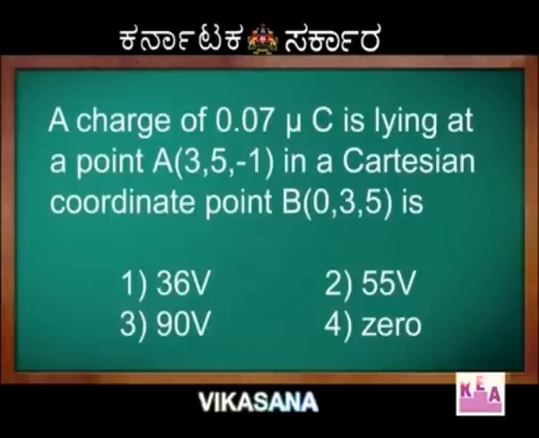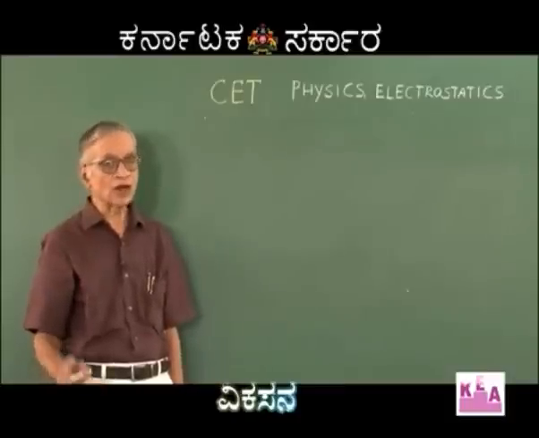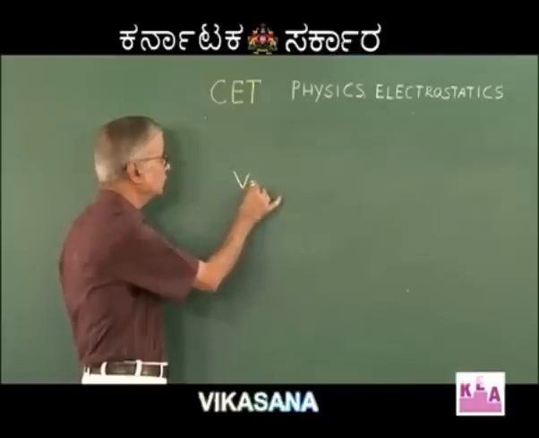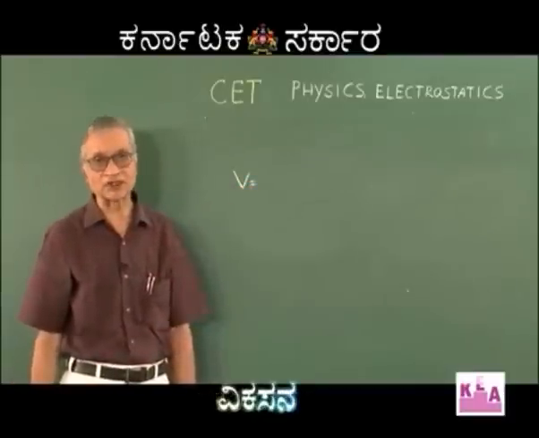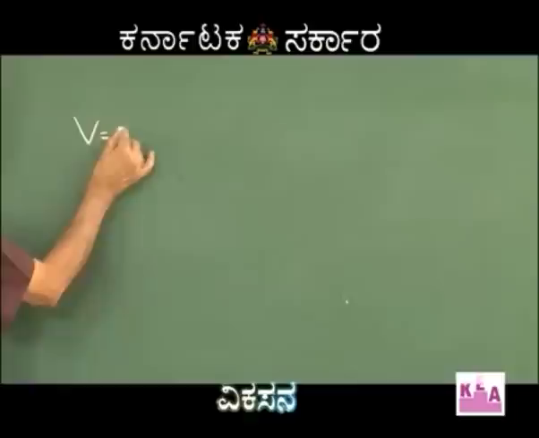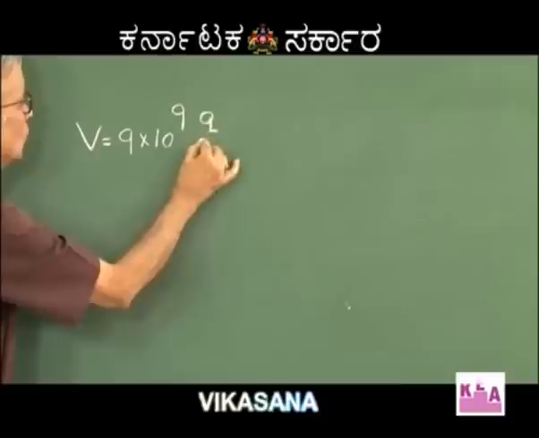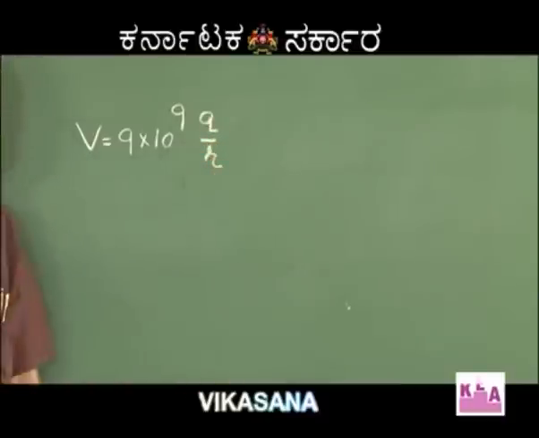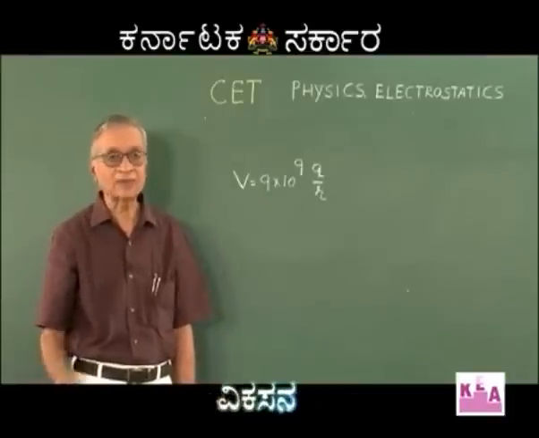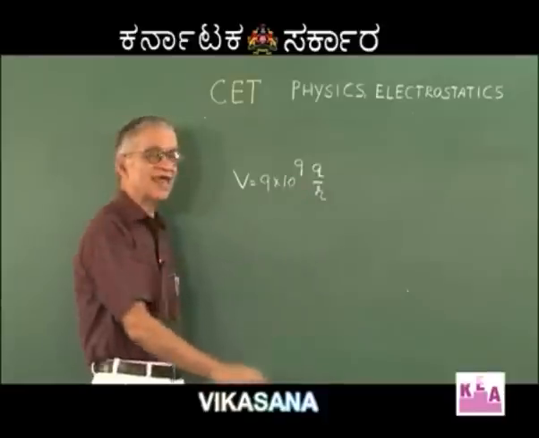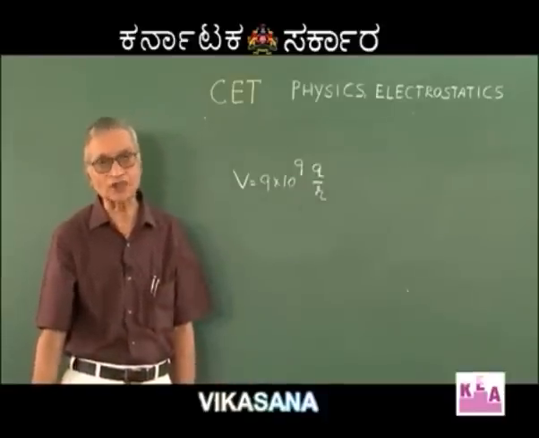The electric potential at a point B 0, 3, 5 is... Look here, you have already studied that the potential at a point due to an isolated point charge is given by the formula 9 into 10 to the power 9 into Q divided by R. Please note that I am assuming air medium. In this case, Q is directly given, but R is not directly given.